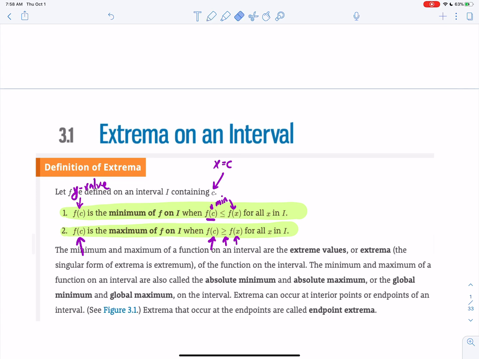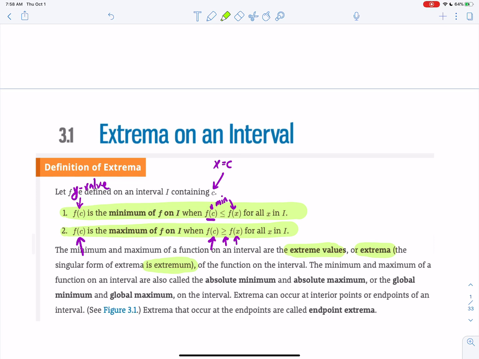Okay, so second thing, when you call something a minimum or a maximum, you can generalize it. You can call it extreme values or extremas. So if you want to generalize maximums or minimums, you just call them extremas. Plural, if you have multiple extremas, you call it extremum.